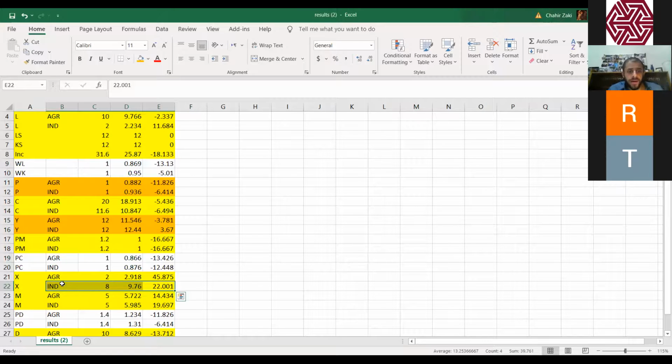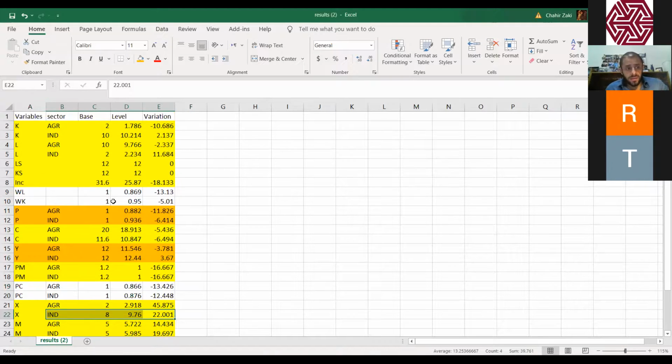And the price effect shows that the price of agriculture decreased more than the price of the industry. And that's why there is this reallocation from the domestic market to the exports market. So this means that we're going to export more of this good.